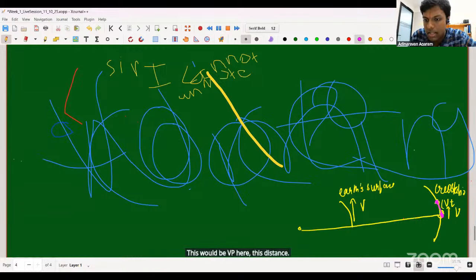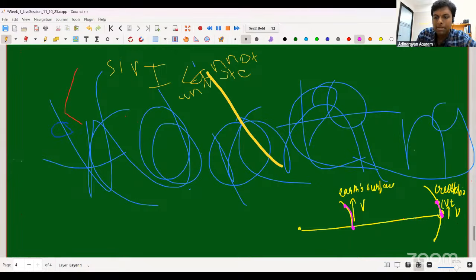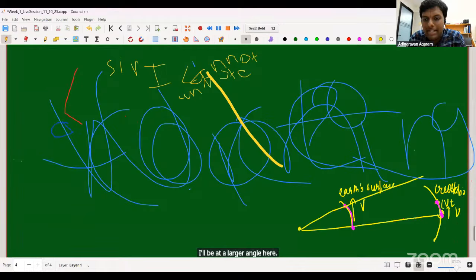And if I cover this, I'm going to cover the same distance here as well. But for the same distance covered on Earth's surface, I'll be at a larger angle here. Is that clear intuitively? The same Vt, but it's at a larger angle, because you're traveling with the same speed.